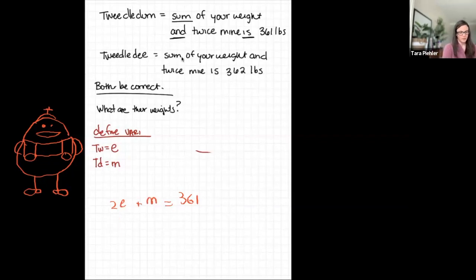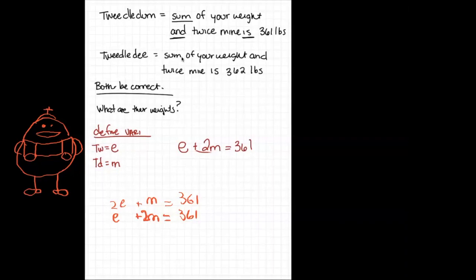All right. So the sum of your weight, Grace had it right. Tweedledum is telling Tweedledee this, right? So your weight and twice my weight is 361. Yes?